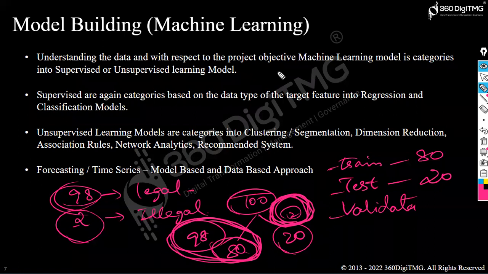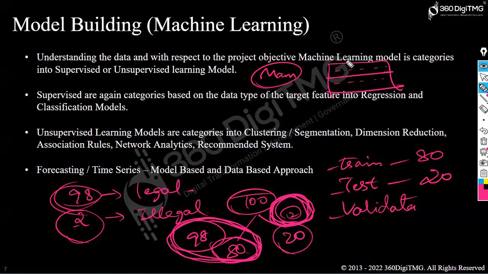Let me give you another example. A particular man is told to count the number of vehicles on a particular road, and the vehicle is car. The man needs to count only cars. So the objective is to count only cars.